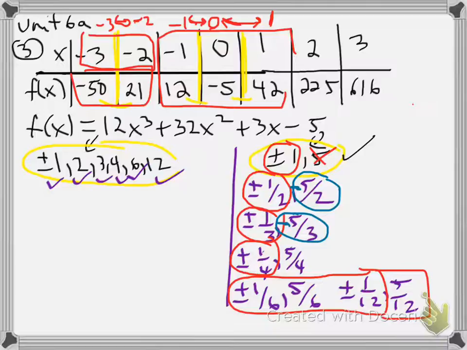Well, no, actually it won't, because that's negative. That's just -1 point something. So don't use that one, and don't use that one. That's -1.25 and positive 1.25. And the other one is plus or minus 1 and 2/3. So those two aren't there.